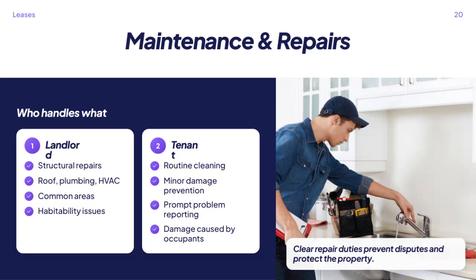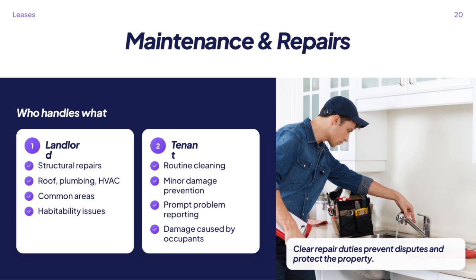When it comes to maintenance and repairs, it's essential to clearly define who is responsible for what. On one side, we have the landlord, who typically handles major structural repairs, including the roof, plumbing, HVAC systems, and any common areas. These are critical to maintaining the building's overall habitability and safety.